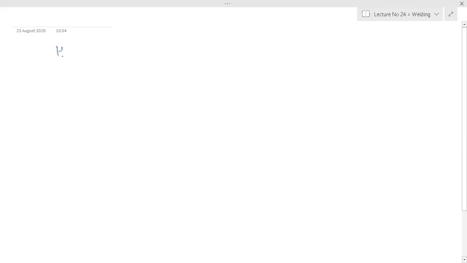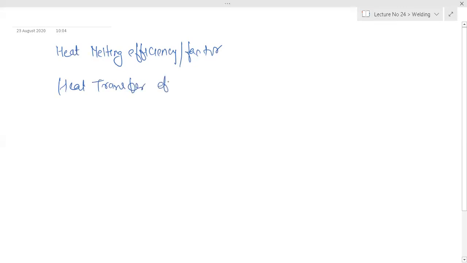So two terms, heat melting efficiency, basically that is melting efficiency or factor, and then we discussed heat transfer efficiency or factor.